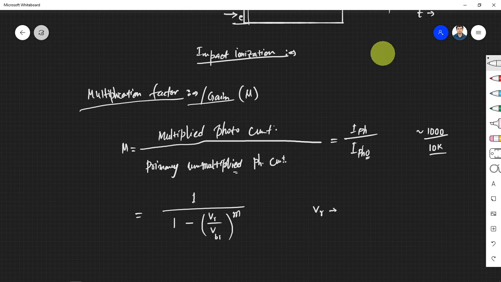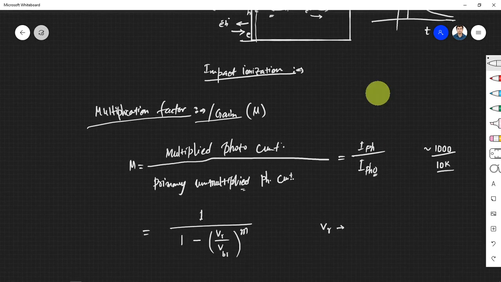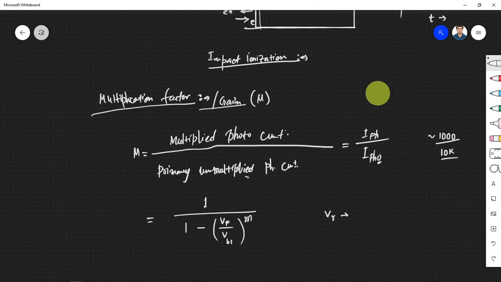And VBR is the breakdown voltage of the junction. It's the avalanche breakdown voltage.